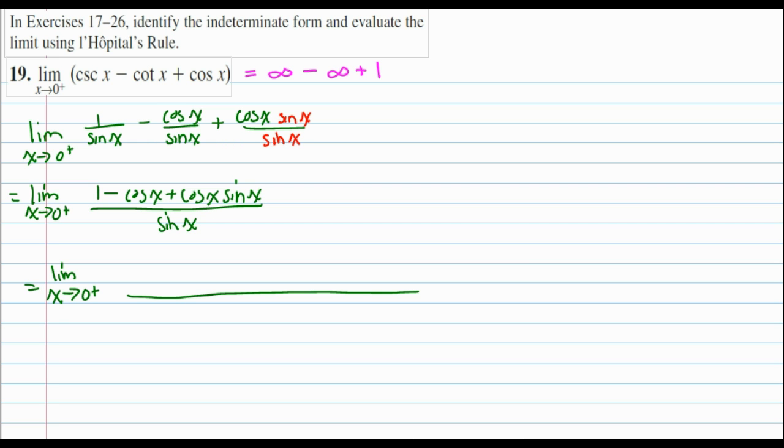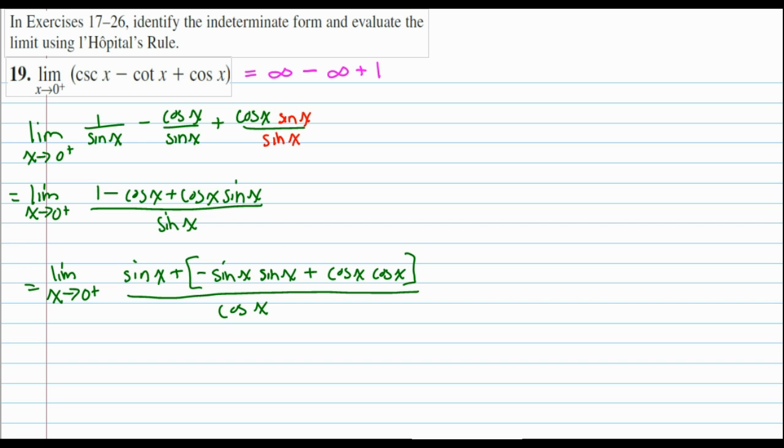Well, I'm going to take the derivative of the numerator. Let's see, 1 minus cosine of x. Derivative of 1 is 0. Derivative of negative cosine is sine of x. Plus, now I need the derivative of the product using the product rule with cosine and sine. So there's that. And then the derivative of sine in the denominator is cosine.